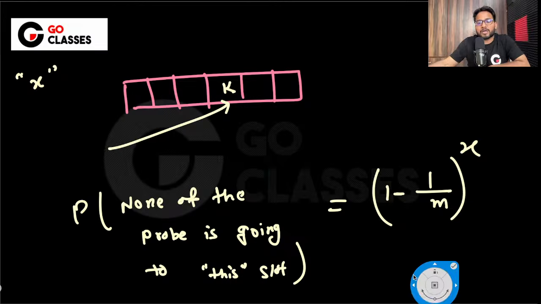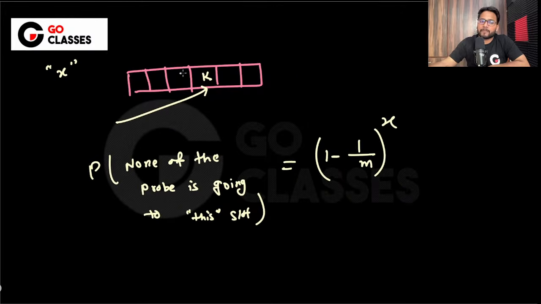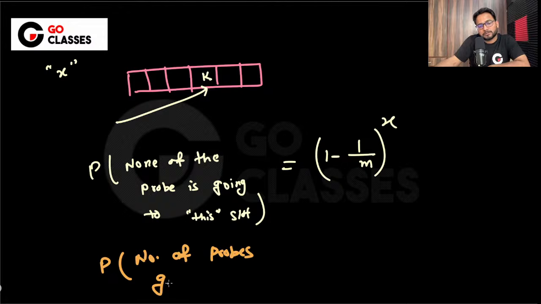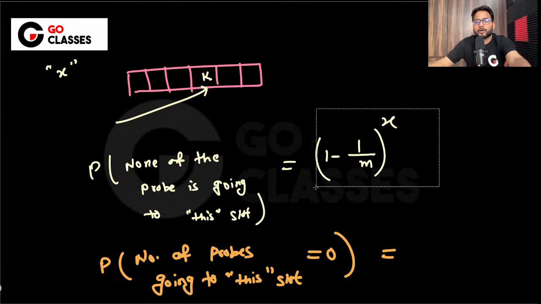But this is not what they are asking. They are asking what is the probability that at least one is going. So in mathematical terms, the probability that the number of probes going to this slot is equal to zero is this probability, which is (1 minus 1 upon m) to the power x.